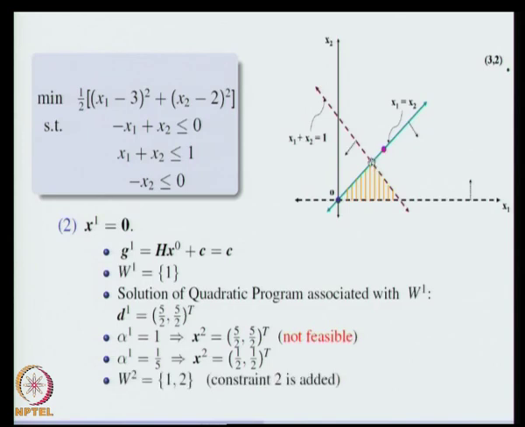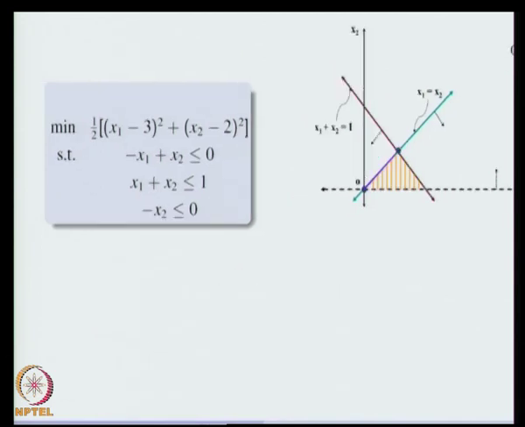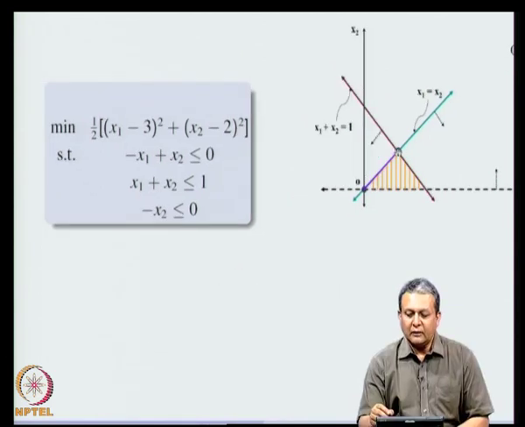Now, at this intersection, which has coordinates half and half for x 1 and x 2, you will see that the second constraint as well as the first constraint are active, and therefore, the second constraint gets added to the working set. Here is the situation where the current point has x 1 and x 2 coordinates as half and half, and the two active constraints are the first two constraints.